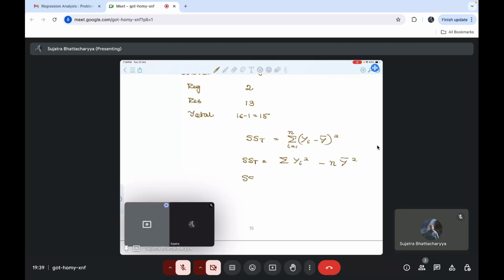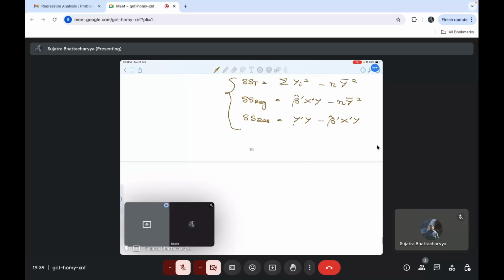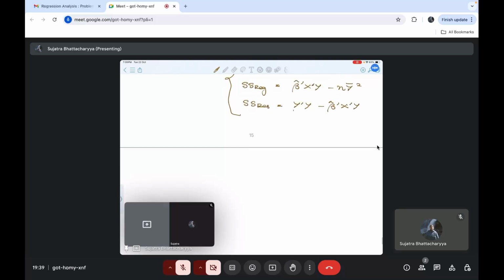Remember, the SS regression formulation is beta hat prime X prime y minus n y bar square, and SS residual is y prime y minus beta hat prime X prime y. These three formulations you should remember to easily solve the questions.